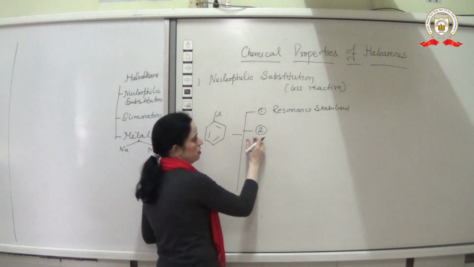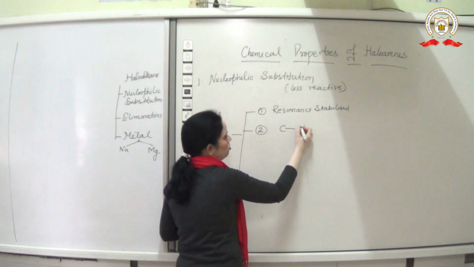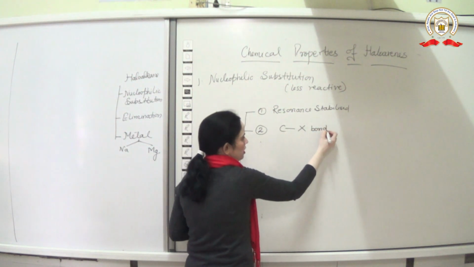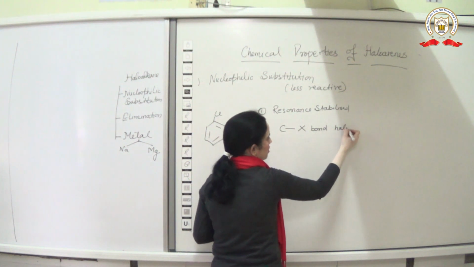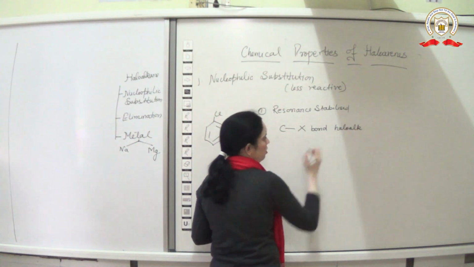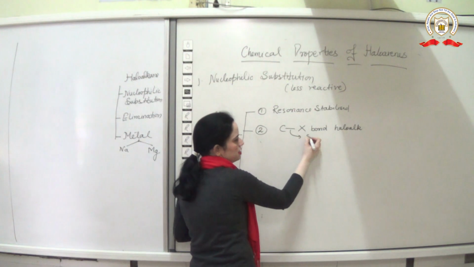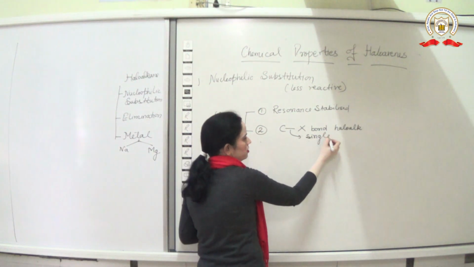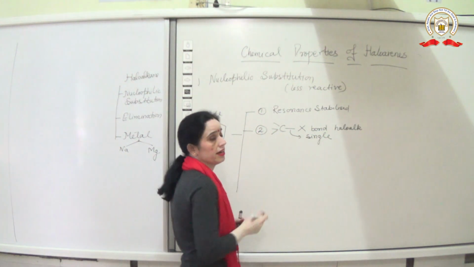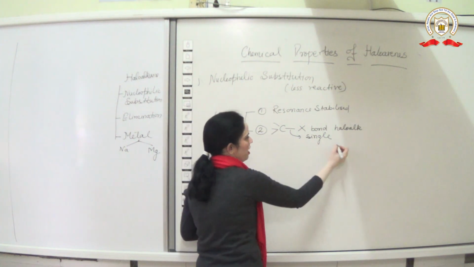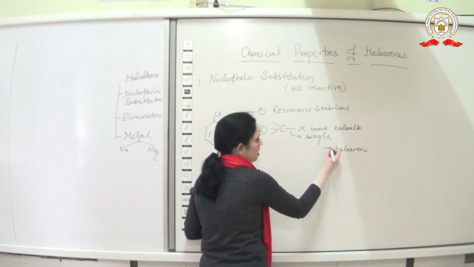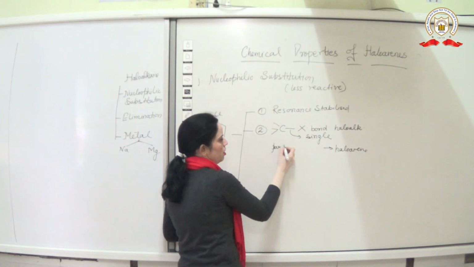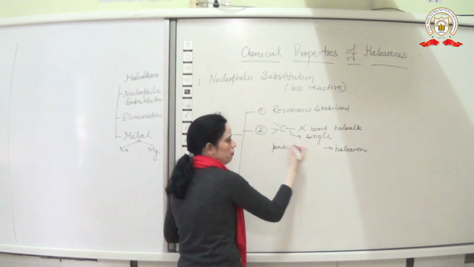The second case, the carbon halogen bond in case of haloalkane is single bond character. But in case of haloarene, it has partial double bond character.